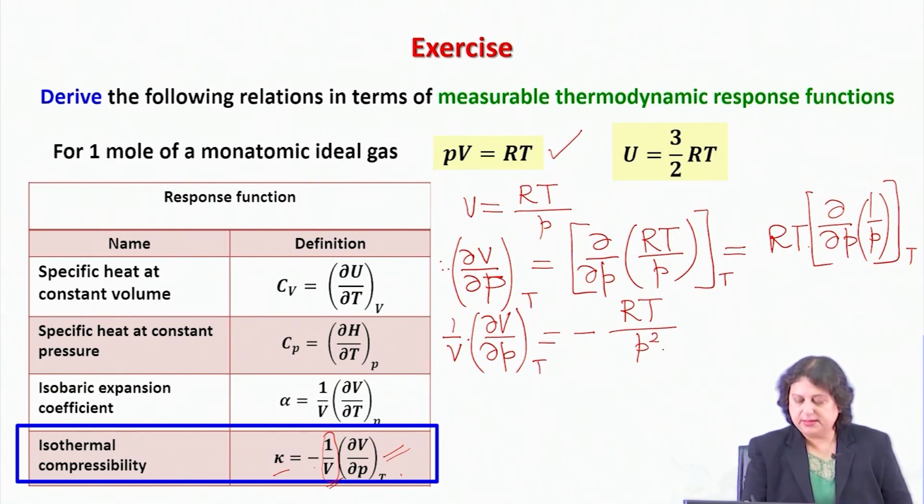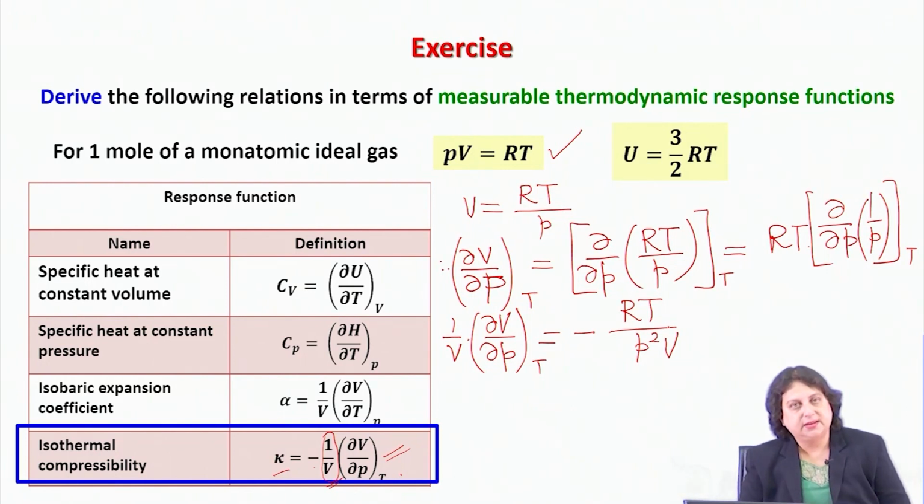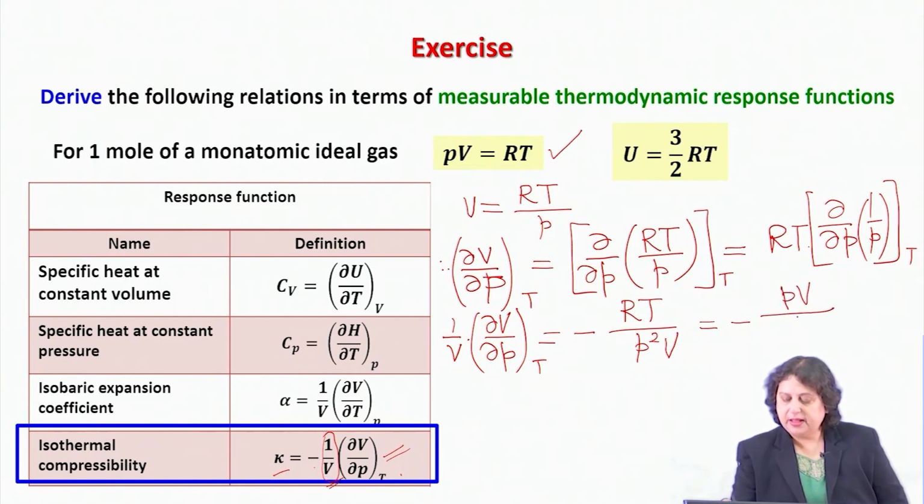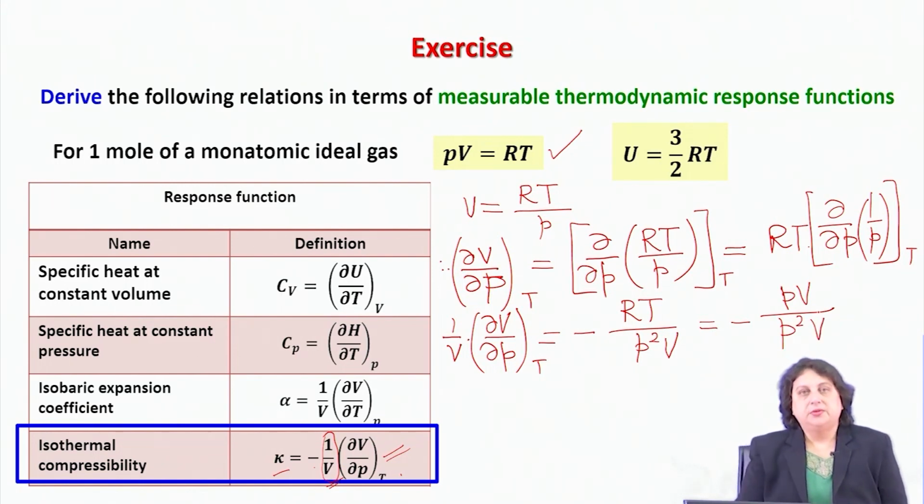This is nothing but dividing the right hand side by V. I am going to simplify this a little more. I am going to write this as RT over P square into V, which is P into V in the denominator.